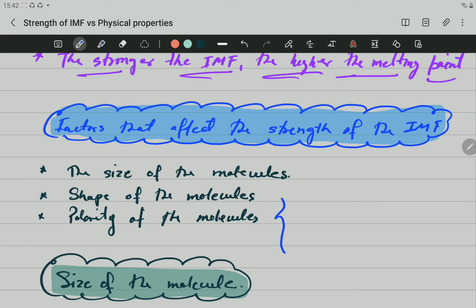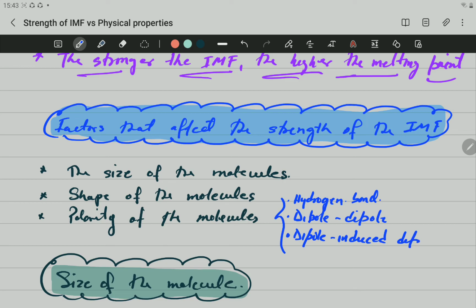Remember, the polarity of the molecule has to do with the type of intermolecular forces. Substances that have hydrogen bonds will have stronger intermolecular forces than dipole-dipole, and dipole-dipole will be stronger than dipole-induced dipole, and dipole-induced dipole will be stronger than London forces.